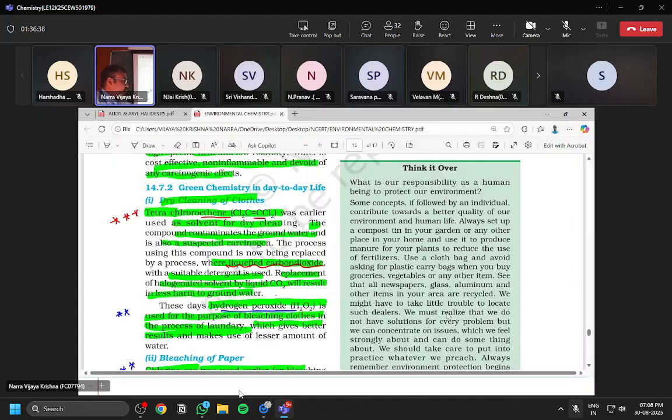The process using this compound is now being replaced by a process where liquefied carbon dioxide with a suitable detergent is used. Replacement of halogenated solvents by liquid carbon dioxide will result in less harm to groundwater. These days, hydrogen peroxide is used for bleaching clothes in laundry, which gives better results and makes use of a lesser amount of water.